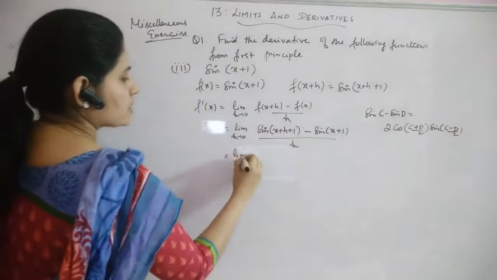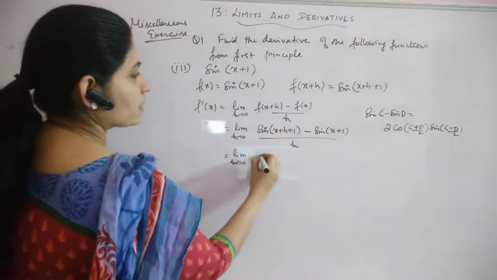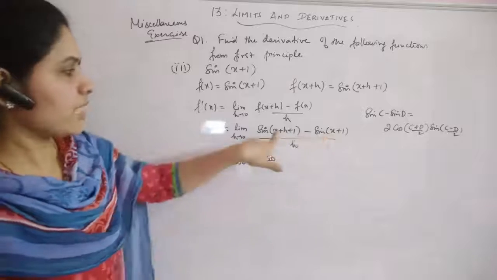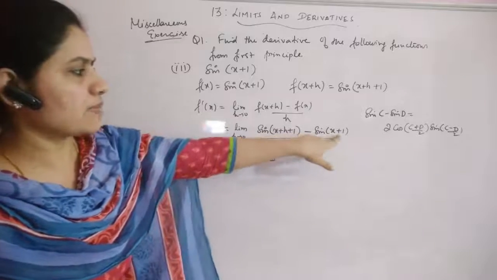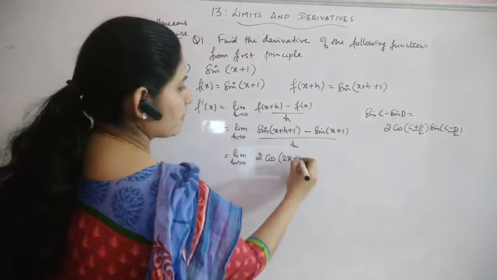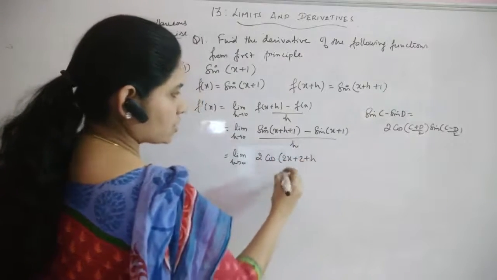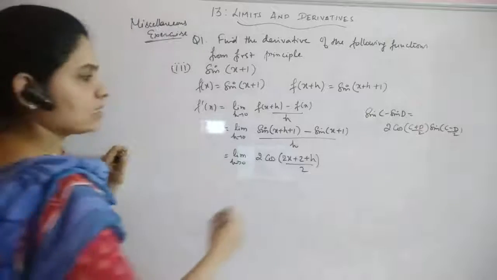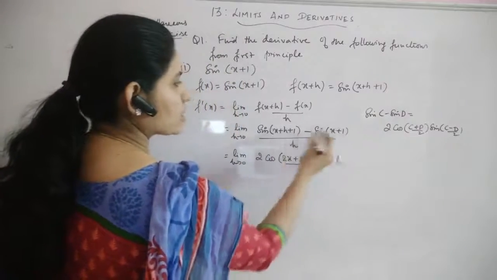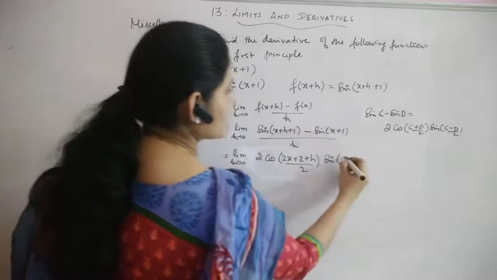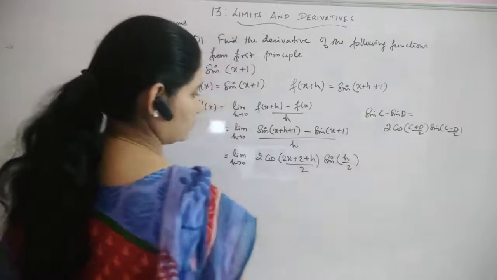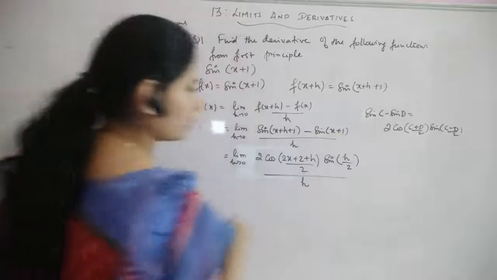You will get limit h tends to 0, 2 cos of this plus this, x plus h plus 1 plus x plus 1 by 2, which will give you 2x plus 2 plus h by 2. And the second term will be sine of this minus this. So x will get cancelled, 1 will get cancelled and you will get h by 2 here. And in the denominator you have h.